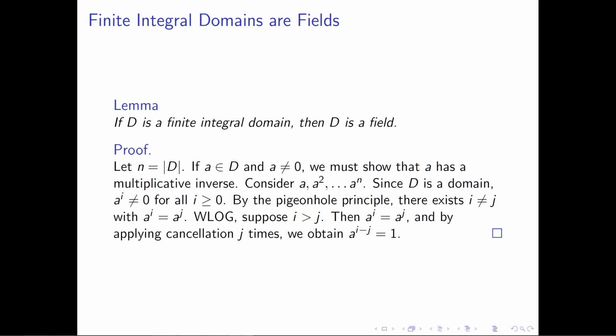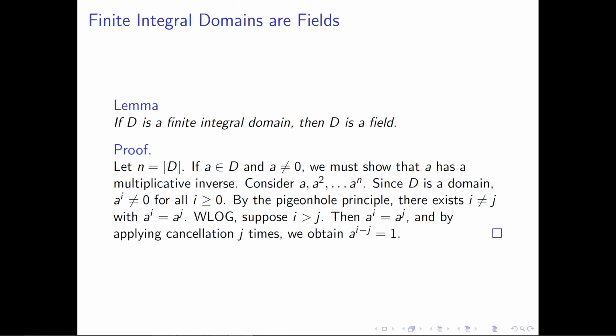From the equation a to the ith power is equal to a to the j, we're going to apply cancellation j times, the smaller of the numbers, so that what we're left with on the right-hand side is just the number 1, and what we're left with on the left-hand side is a to the i minus j, and that i minus j is a positive integer since i is bigger than j.